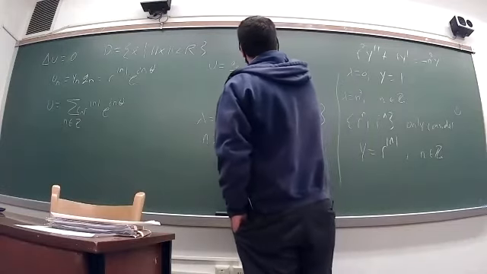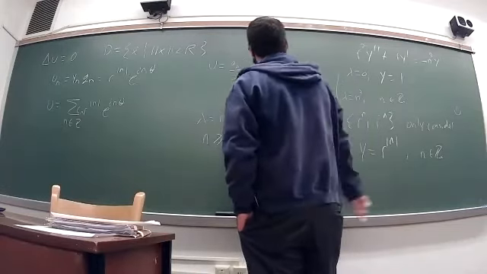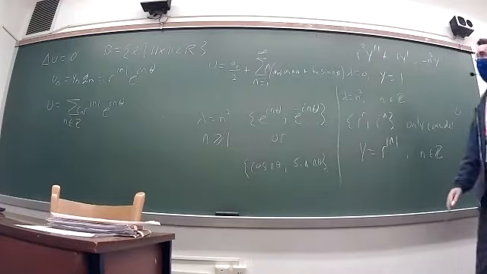Sorry, still r to the n, still r to the absolute value of n, but now n is positive. So a_n cosine n theta plus b_n sine n theta. It's really the same. It's 100% the same.